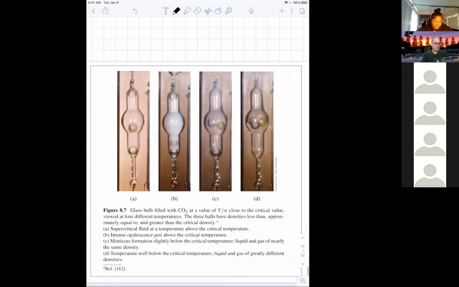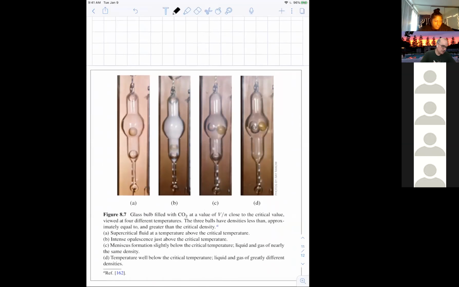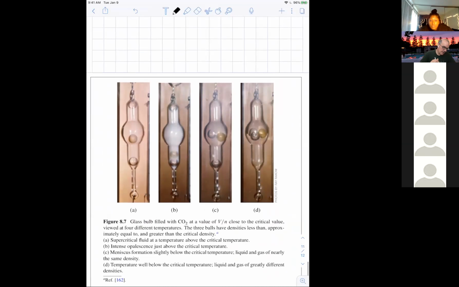So here's the figure. Let's explain this figure first. What we have is CO2 in this glass bulb, and we're going to adjust the temperature. But inside the glass bulb, we have 3 spheres of different densities.